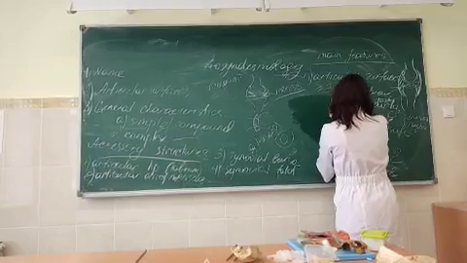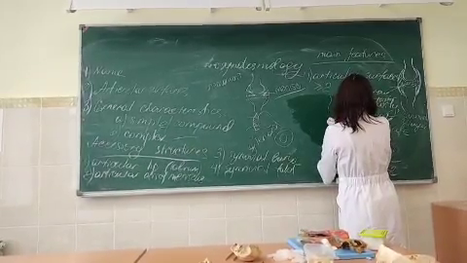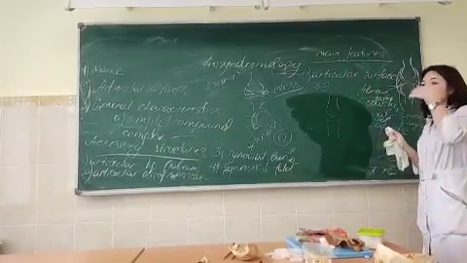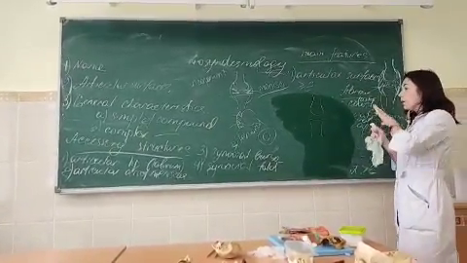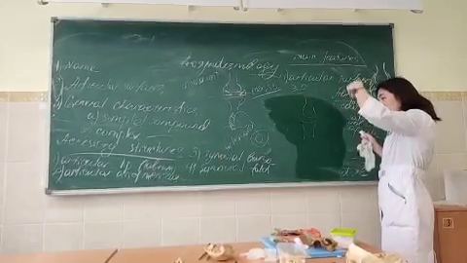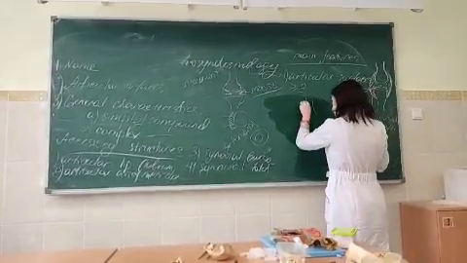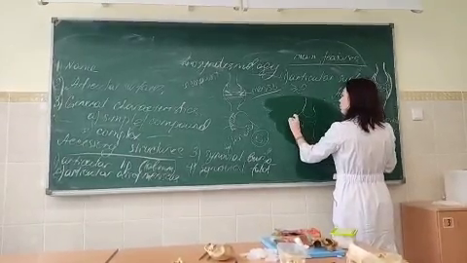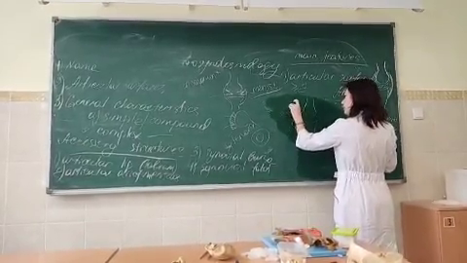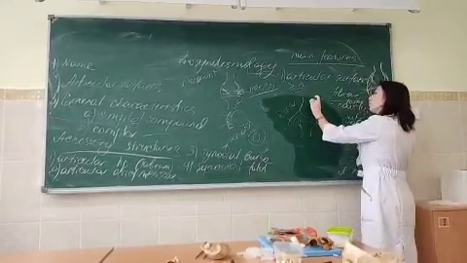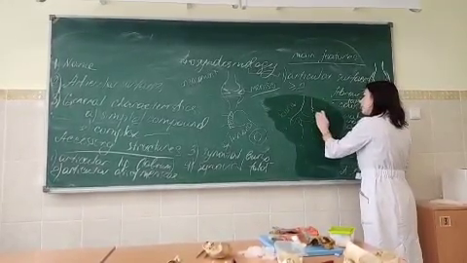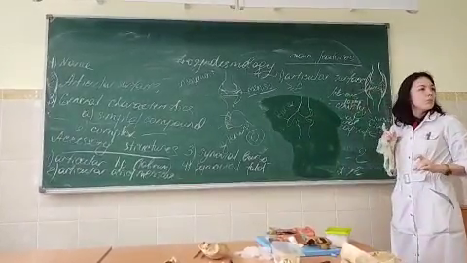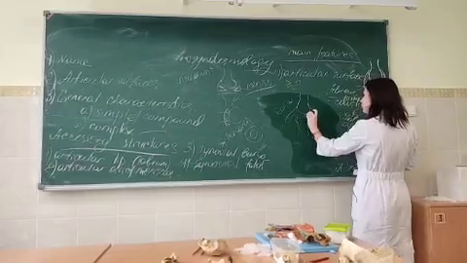Sometimes it forms folds or bursae, like protrusions outward or inward. If this protrusion of the articular capsule is directed outward, then it is a bursa. If this protrusion is directed inward, then it is a fold.